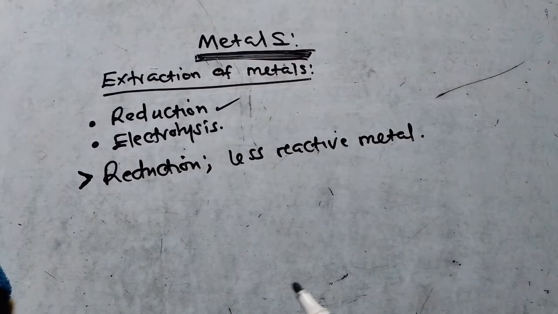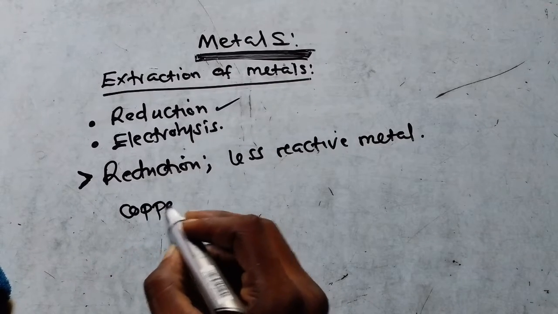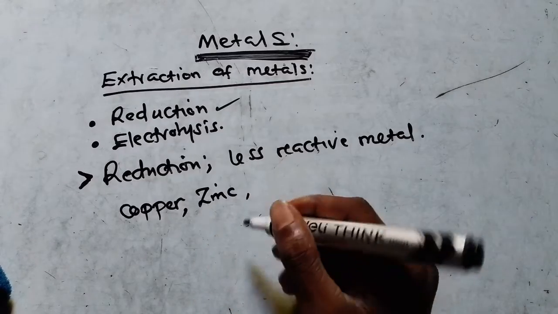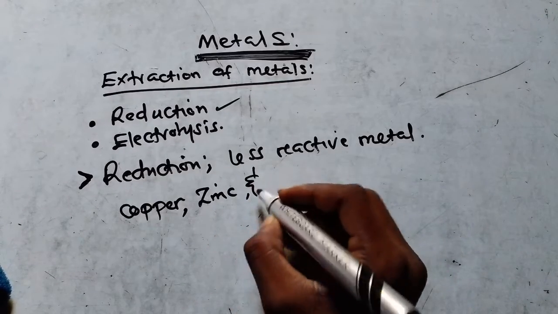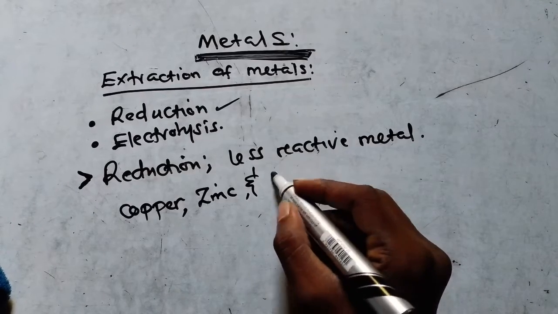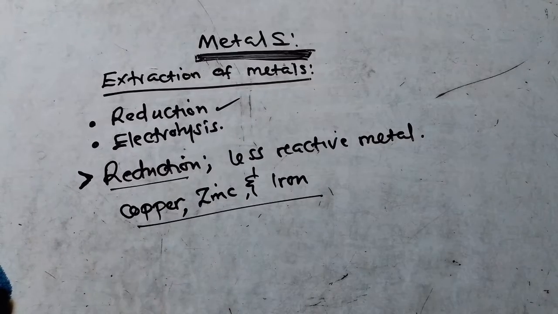So if you have less reactive metals like copper, zinc, and iron, we use the reduction method to do the extraction.